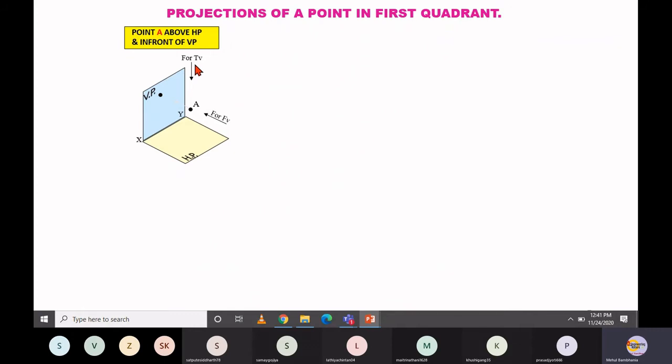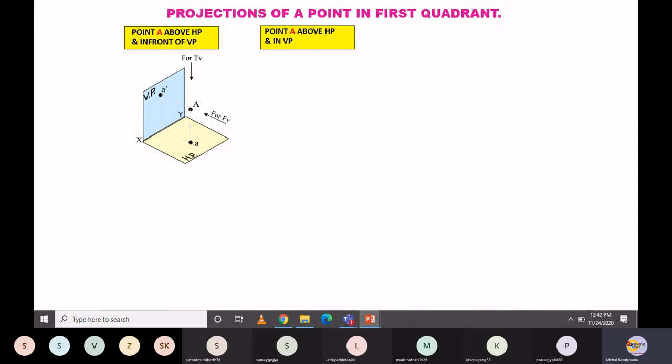In the same fashion, if you look from the top, wherever this projector meets the horizontal plane gives the top view projection of that point. The top view projection is generally represented by a small a. So conceptually you can put the front view projection as well as the top view projection. How the answer should actually look, I will discuss within a few minutes. So this is the first possibility.